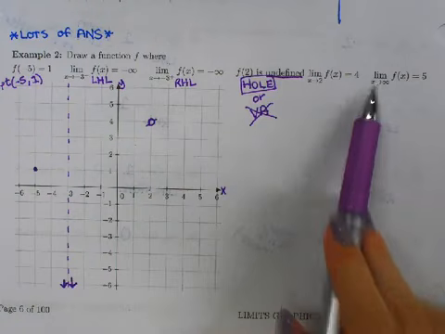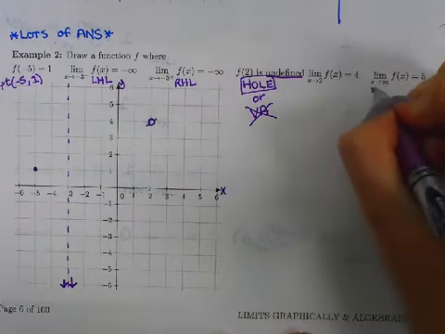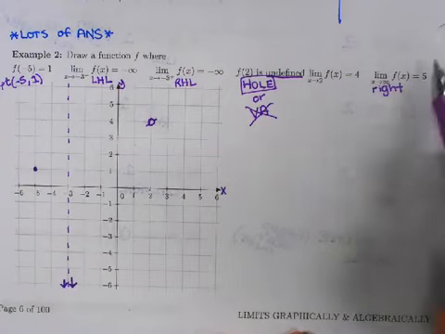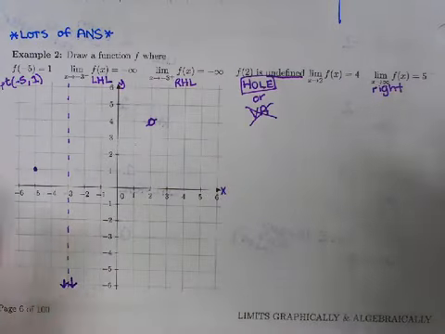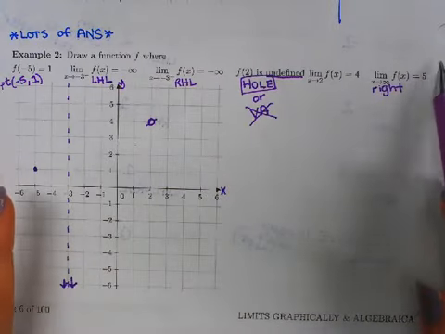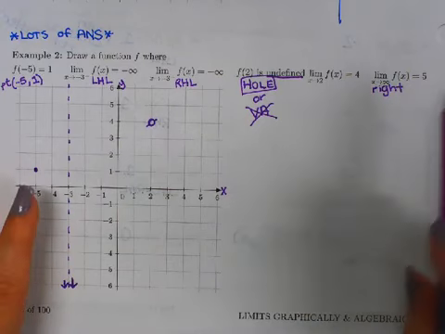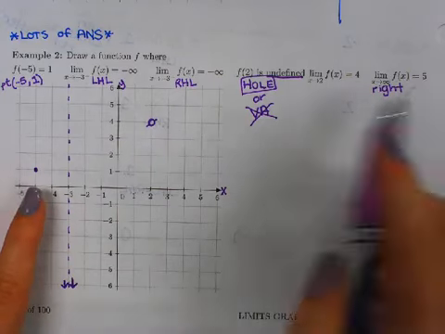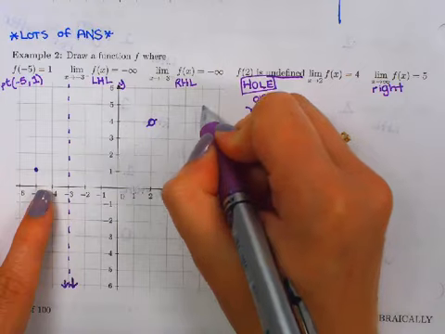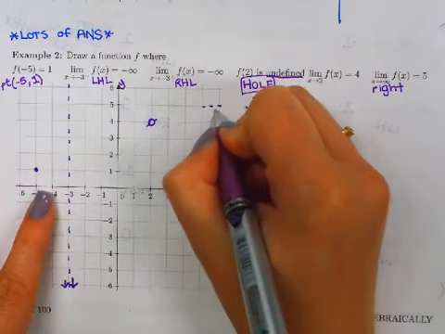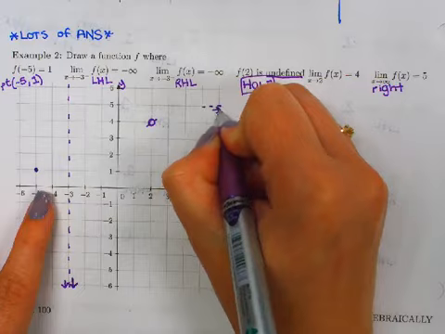That is x going to the right. So as we go far out to the right, I don't want it to look like I'm going up or down. I want it to look like I'm stopping at 5. This is called a horizontal asymptote. So as I go out to the right, I want to show that I'm stopping at 5. So I'm going to do those dotted lines again to show that I'm stopping. And I'm just going to do a little arrow.